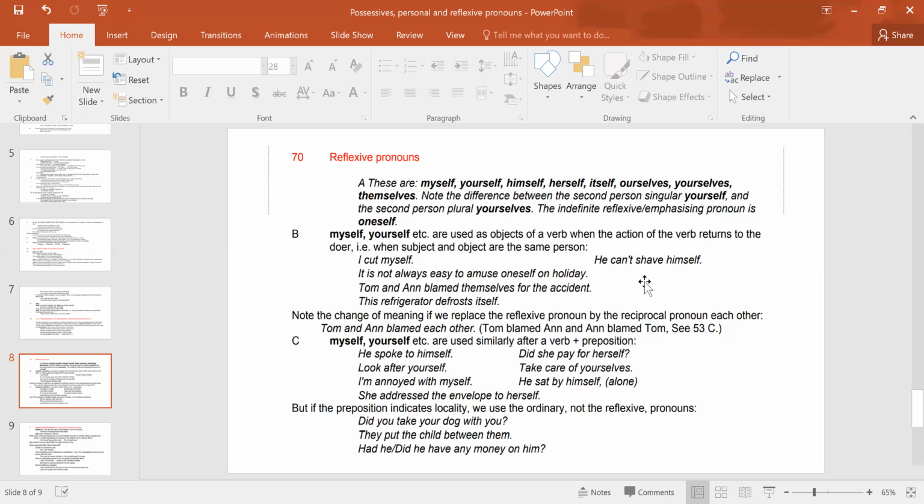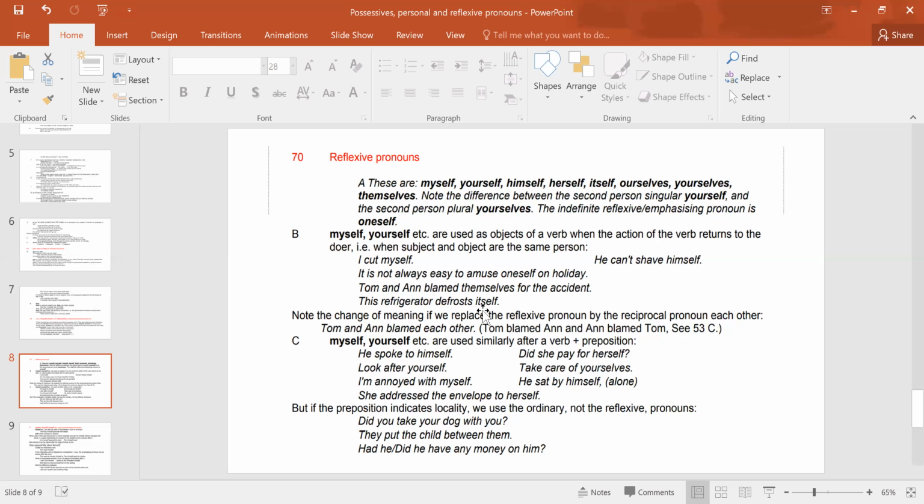He cannot shave himself. So himself refers back to he, the doer of the action. So here subject and object are the same person. This and this are the same person. It is not always easy to amuse oneself on holiday. Tom and Anne blame themselves. So this themselves refers back to Tom and Anne both.